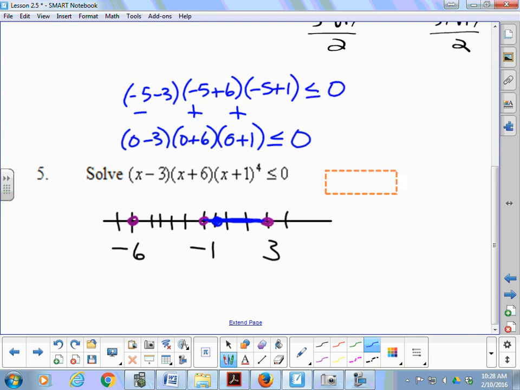I've got negative, positive, negative. Two negatives make a positive, so is that less than 0? No, so that part doesn't work. Guess what part's going to work then? This one here.